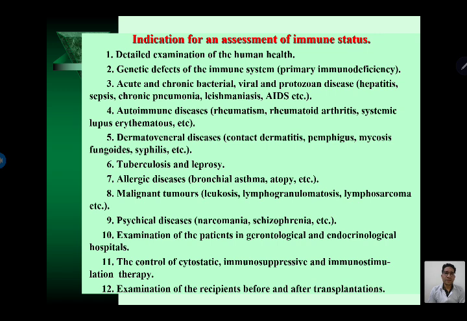Indications for an assessment of the immune status: a detailed examination of human health; genetic defects of the immune system, primary immunodeficiency; the third point is acute and chronic bacterial, viral and protozoan disease, including hepatitis, sepsis, chronic pneumonia, leishmaniasis and AIDS, etc. The fourth point is autoimmune disease: rheumatism, rheumatoid arthritis, systemic lupus erythematosus, etc. Then dermatological disease, which includes contact dermatitis, pemphigus vulgaris, mycosis fungoides, and syphilis, etc. The sixth point is tuberculosis and leprosy.